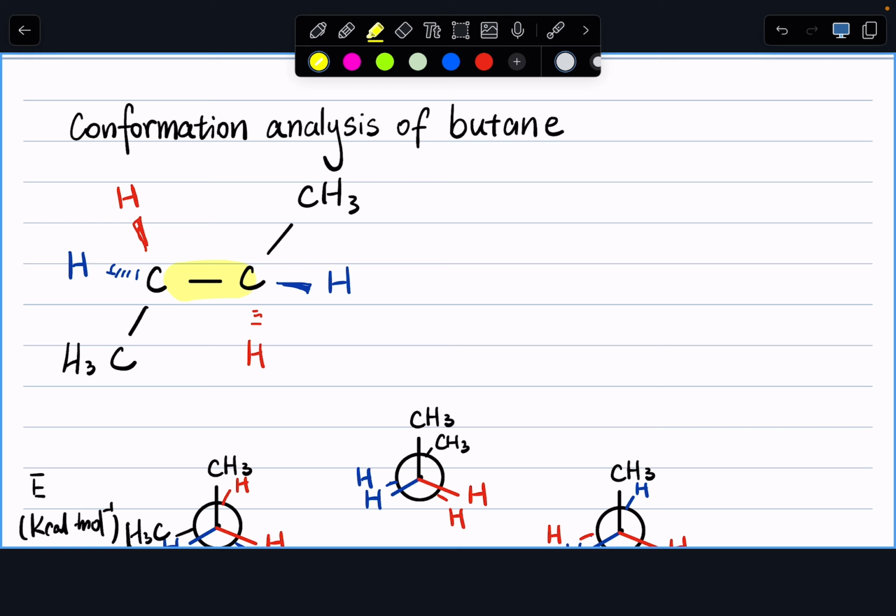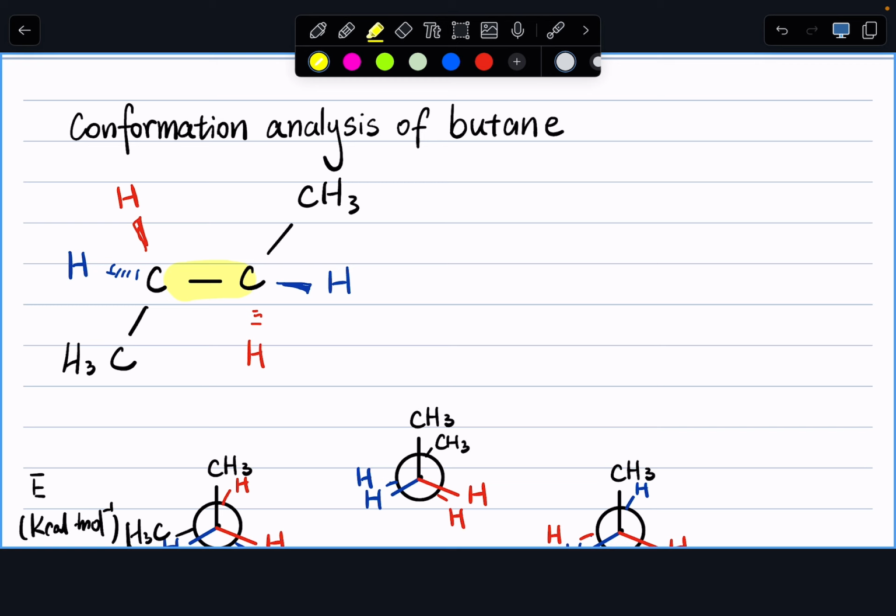All right. And now, what if we rotate 60 degrees? Now my methyl group is on top of a hydrogen, and this methyl group is also right below a hydrogen. So we get to the unfavored eclipsed conformation because your methyl group and hydrogen are right on top of each other.